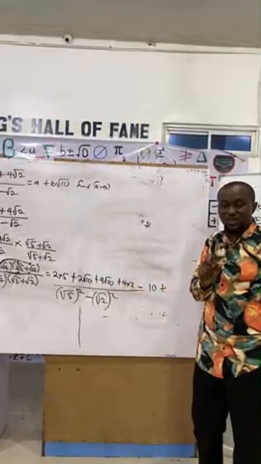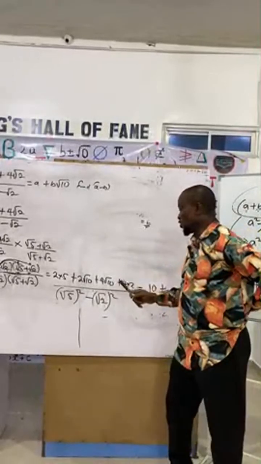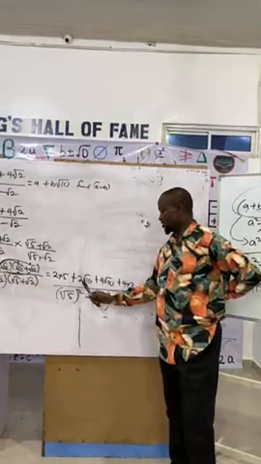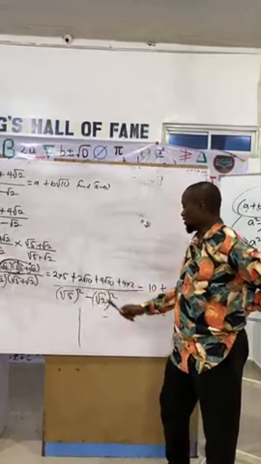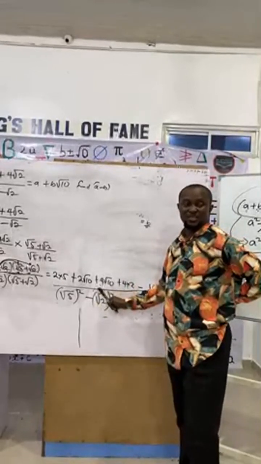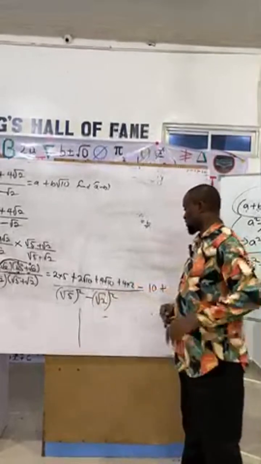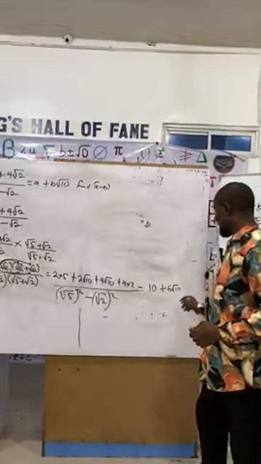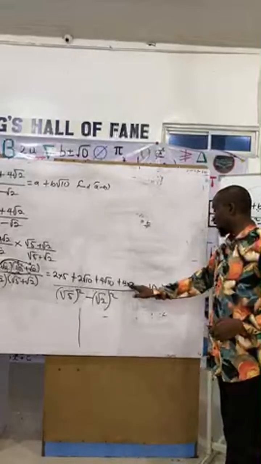When you have similar surds, what you do is that you add the coefficients. What's the coefficient here? 2. What's the coefficient here? 4. So 2 plus 4 is what? 6. 6 root 10.